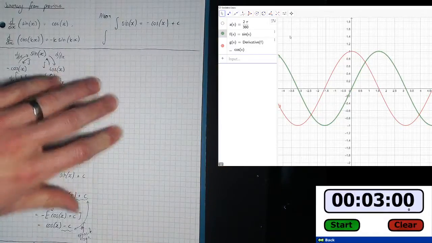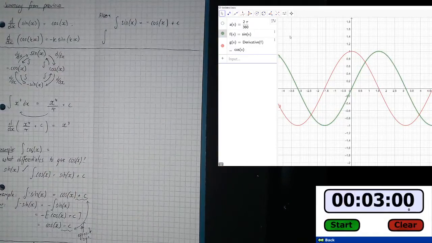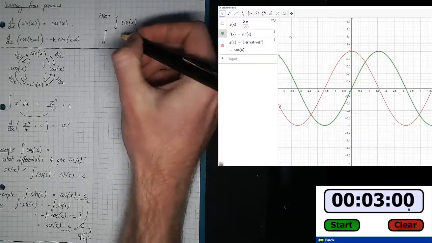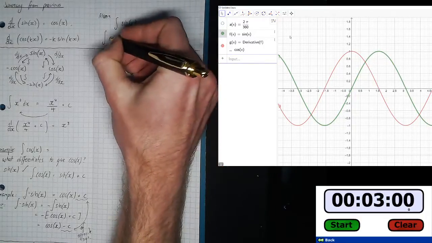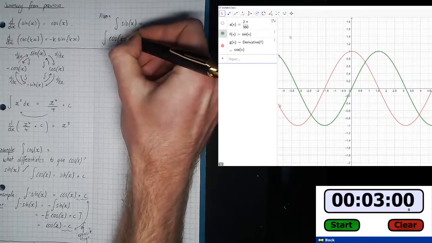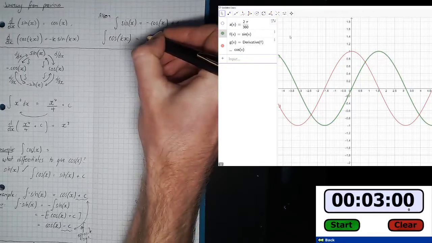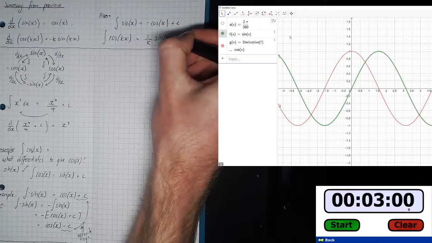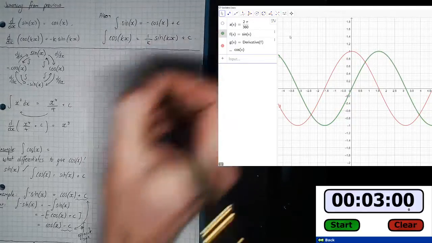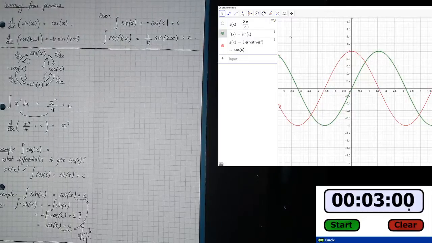Don't forget that constant of integration. Okay? And also that the integral of, let's say, cos kx is equal to 1 over k sine kx plus our constant of integration.